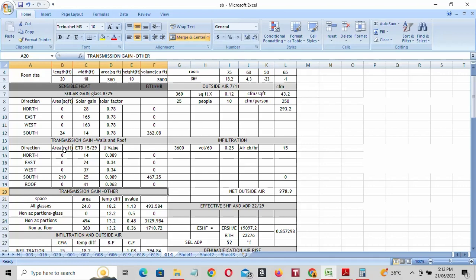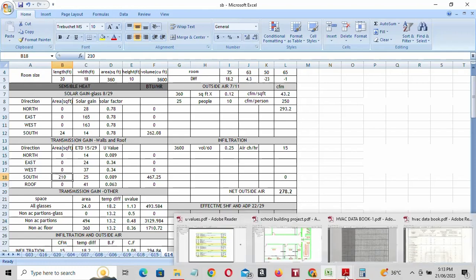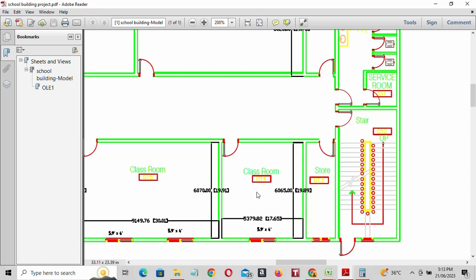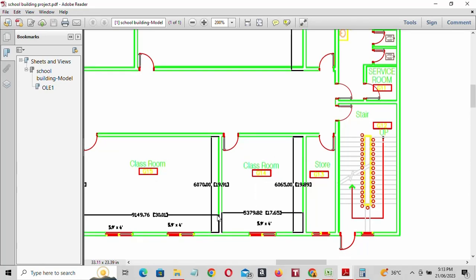Next is transmission gain through wall and roof. So here we have only one wall exposed to sun, that is in the south direction. Okay, and we have to take these values. See, for south direction the width is 20 feet.